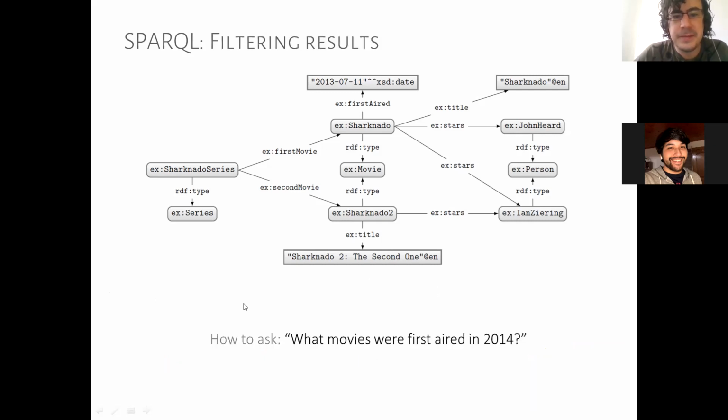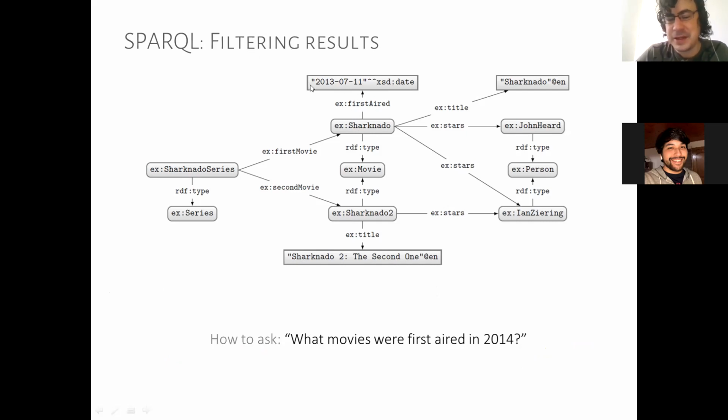Okay, what about if we wanted to filter based on the data? For example, we wanted to ask what movies were first aired in 2014. Well, we can start to use filters for that. We can use filters mainly to do conditions on the terms that are used in the solutions. So what movies were first aired in 2014?